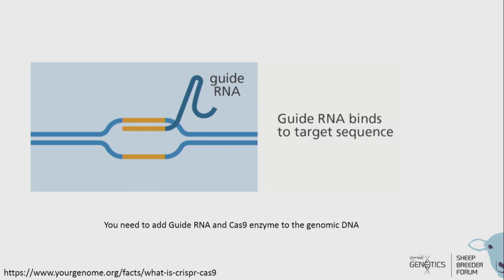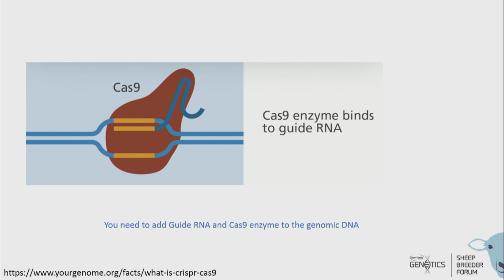And then you introduce something called guide RNA, and guide RNA is complementary. So it joins up and attaches to the genome at that position where you wanted to make a change. And then you also add this Cas9 enzyme, if you're using the CRISPR-Cas9 methodology, and it binds to the guide RNA at that particular piece of the genome.